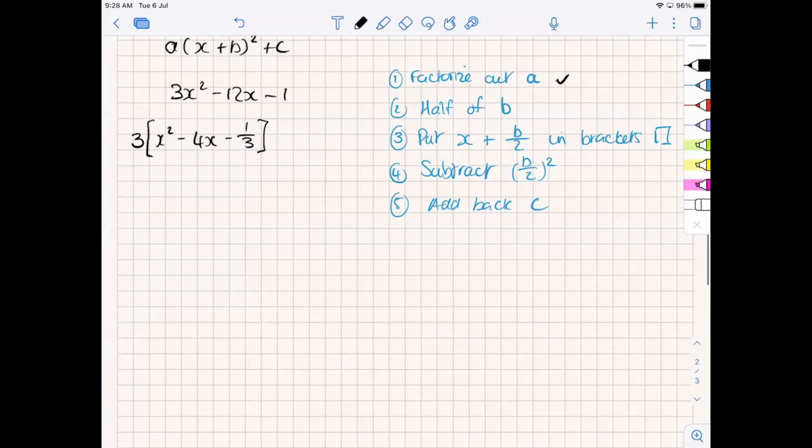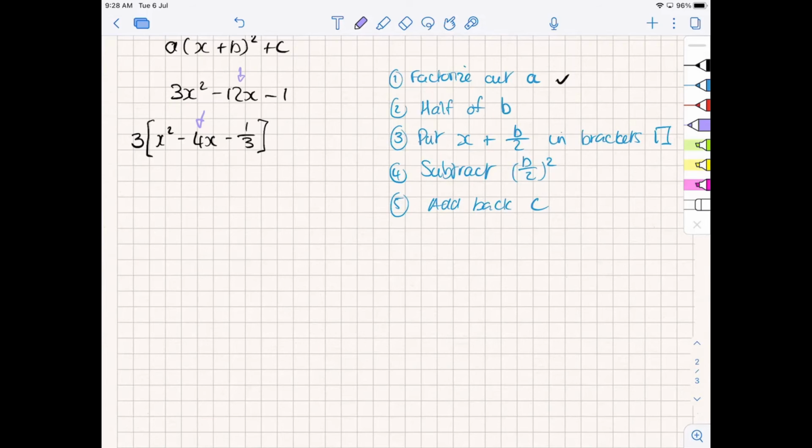The next thing I'm going to do is look inside the bracket, at this guy here, not at this guy anymore, because that's not b anymore. We've actually created a separate quadratic inside the bracket now. We've just pulled out the scale factor. So Dominic, what's half of b going to be in this scenario?